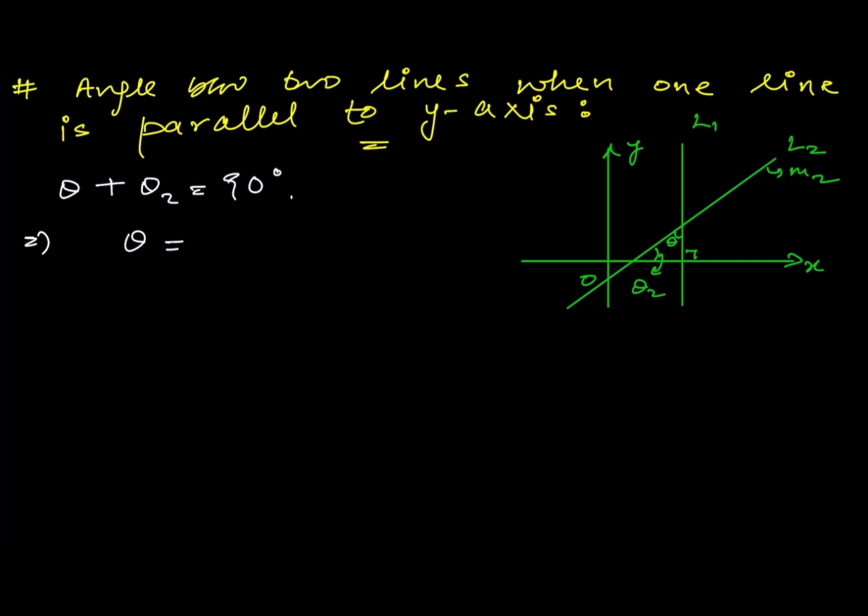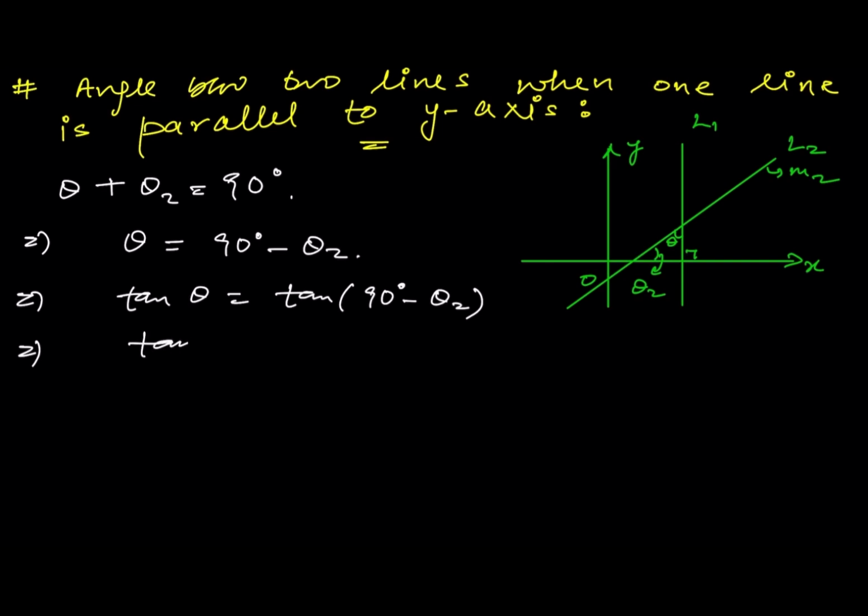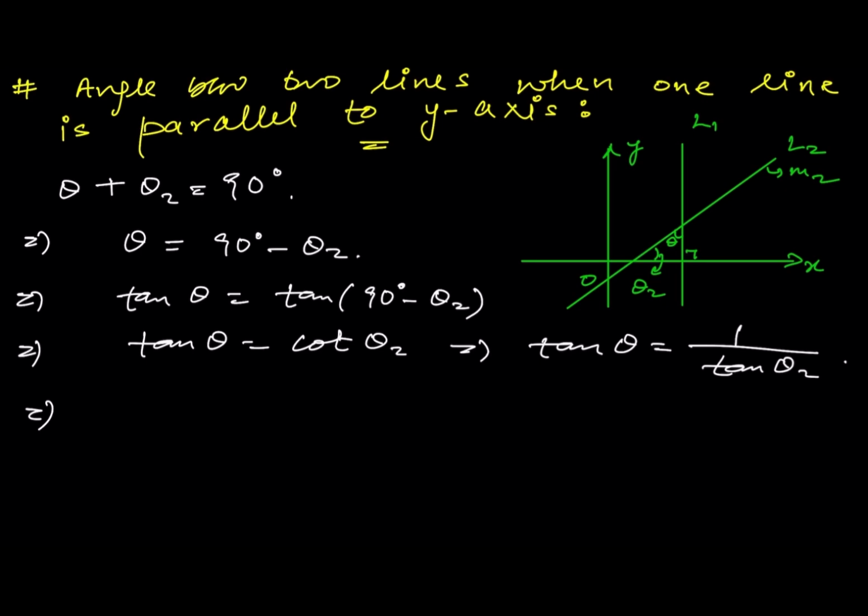So theta is 90 minus theta 2, or tan theta is tan of 90 minus theta 2, or tan theta will become cot theta 2, or tan theta will become 1 upon tan theta 2, and tan theta 2 is nothing but m2.